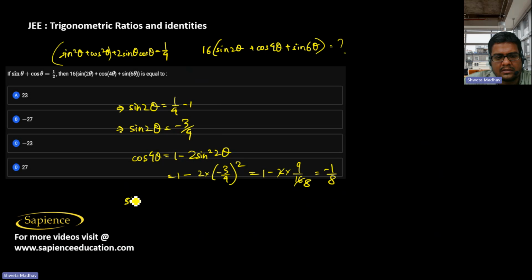Now similarly sin 6 theta can be written as sin 3 into 2 theta. So that is 3 sin 2 theta minus 4 sin cube 2 theta.